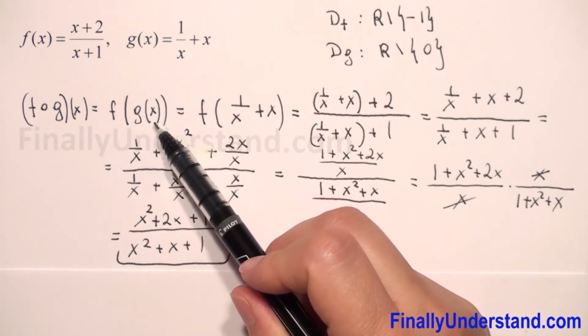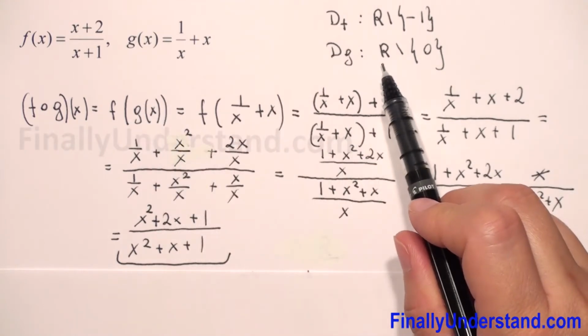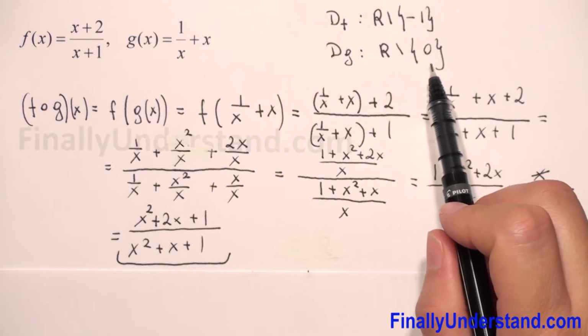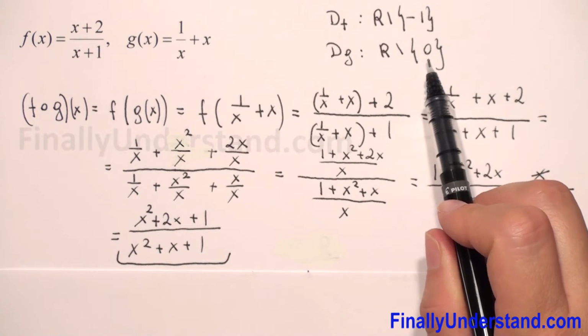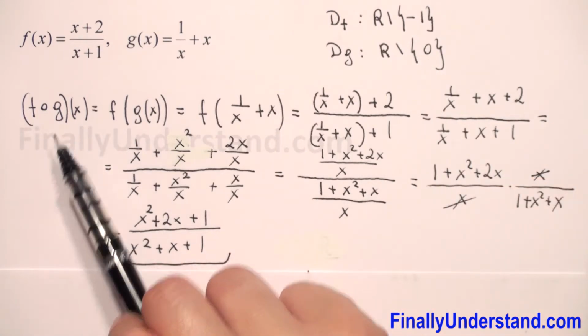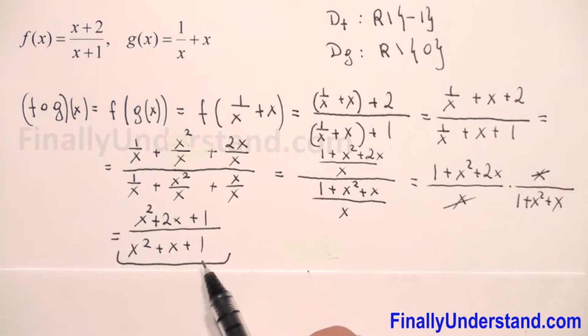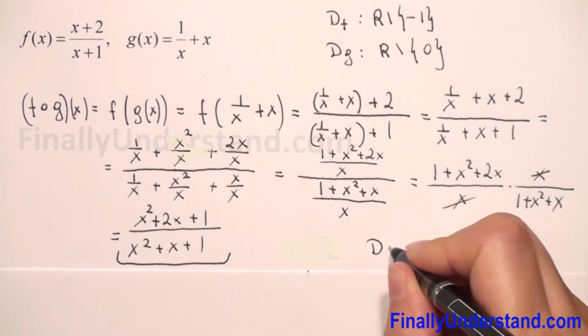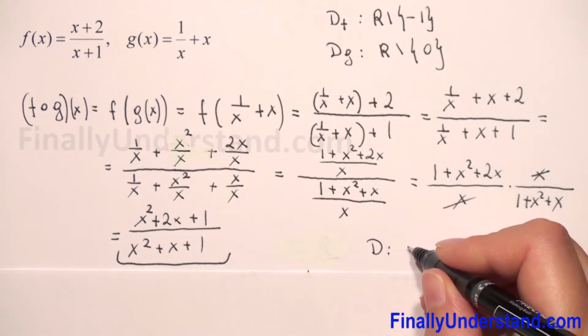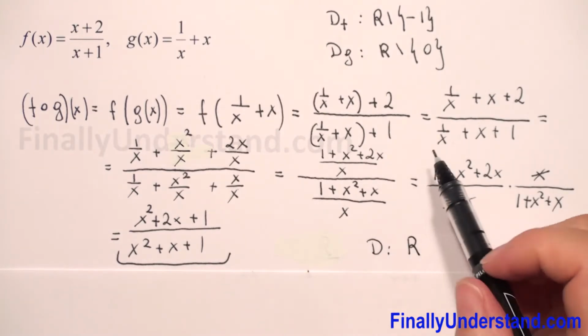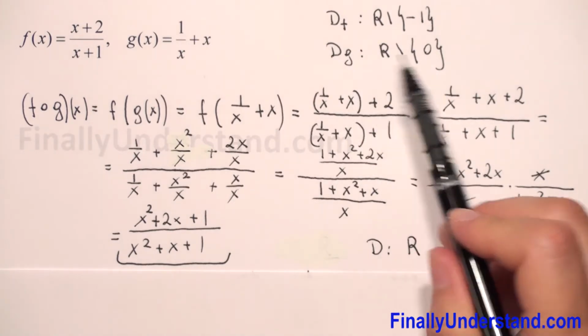The domain of g of x was all real numbers excluded 0. So it means we have to exclude 0 from the domain of our f of g function, and we have to check this expression. This denominator will never be 0, so the domain of our f of g function will be all real numbers, and we have to exclude only 0.